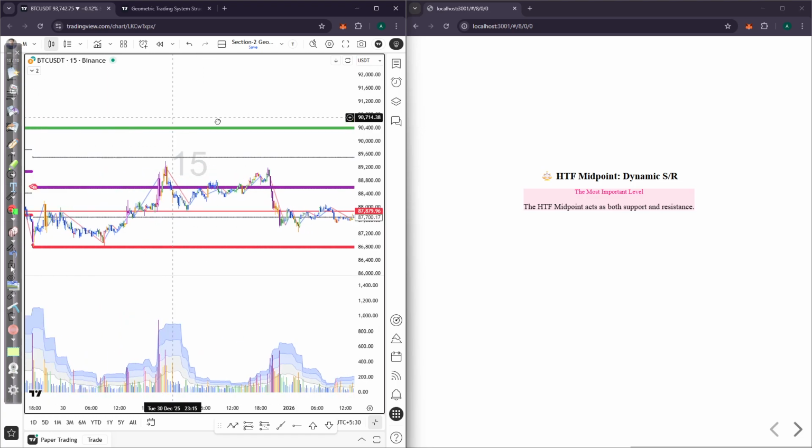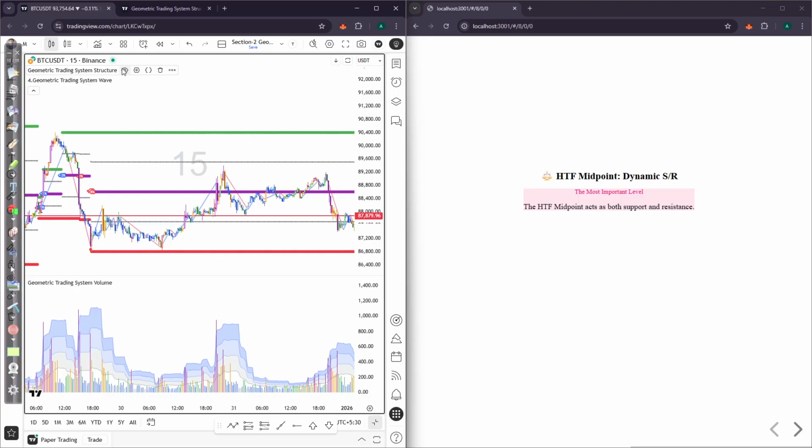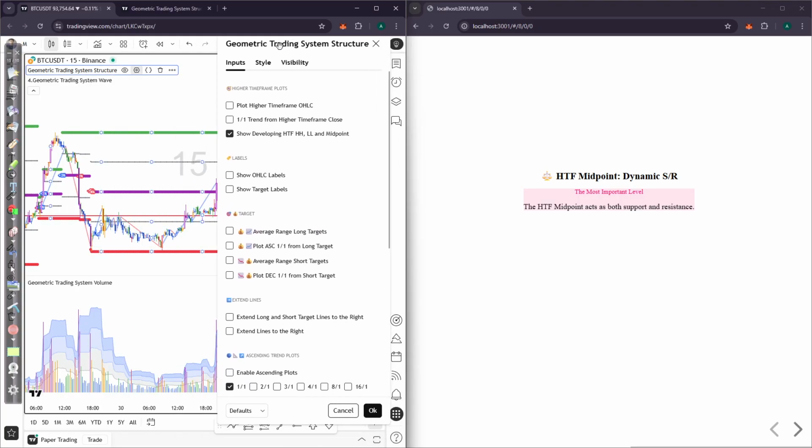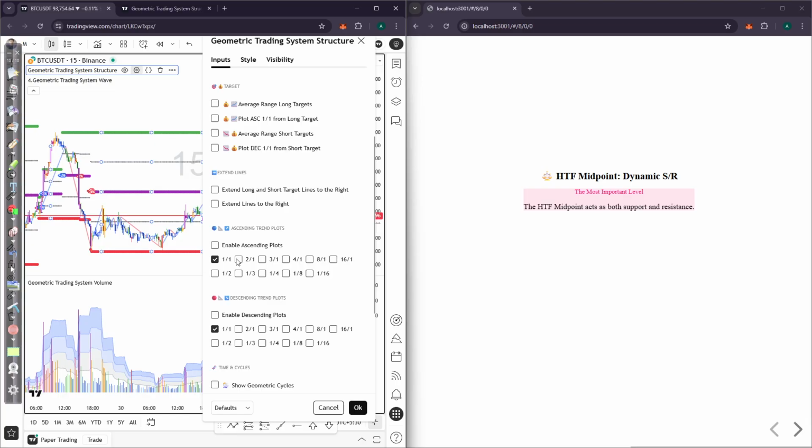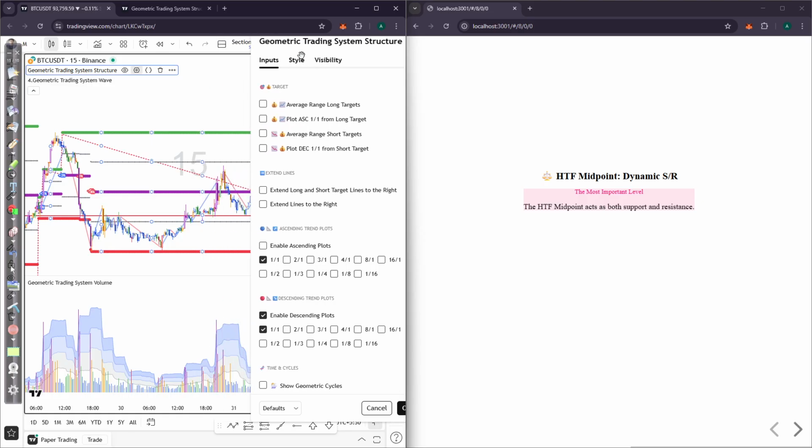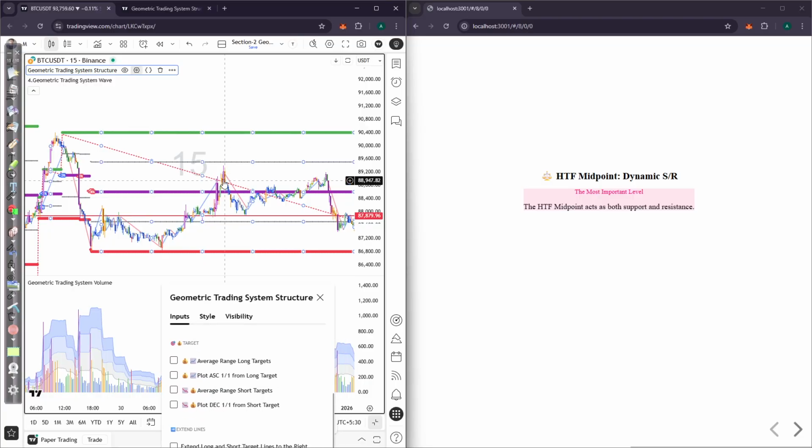For instance, if I put a trend line here, I just put a descending trend line, so I'll just enable it and just watch what happens. When this hit, it was a resistance.